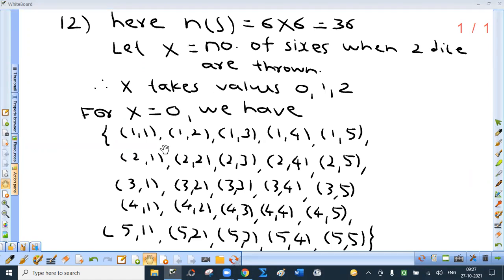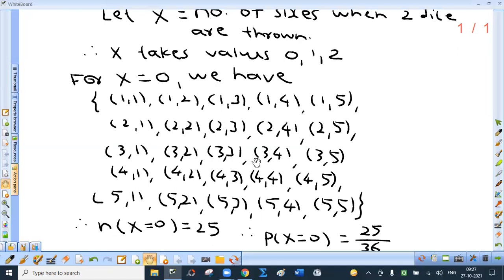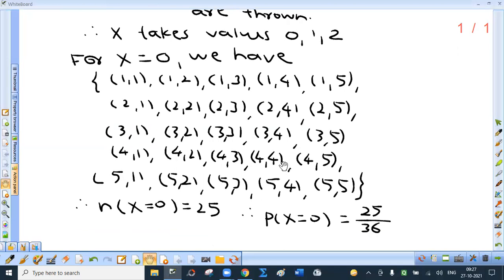So let us find how many sample points are in favor of not a single 6. So 11, 12 up to 15, 21 up to 25, 31 up to 35, 41 up to 45, 51 up to 55. So 25 sample points are in favor. So what is P of X equal to 0? It is 25 upon 36.